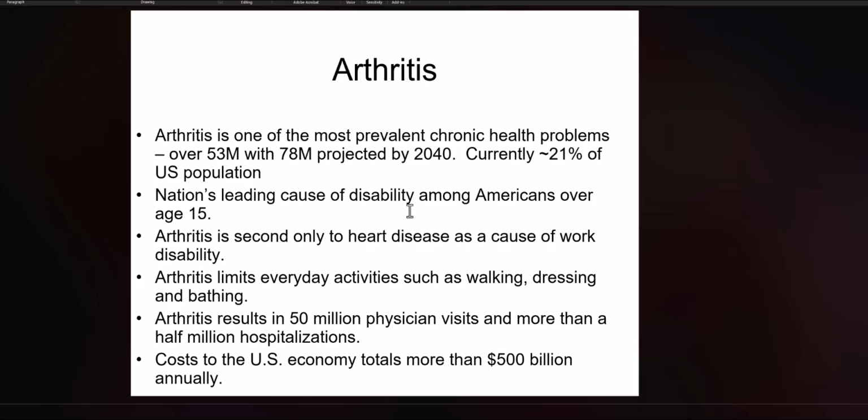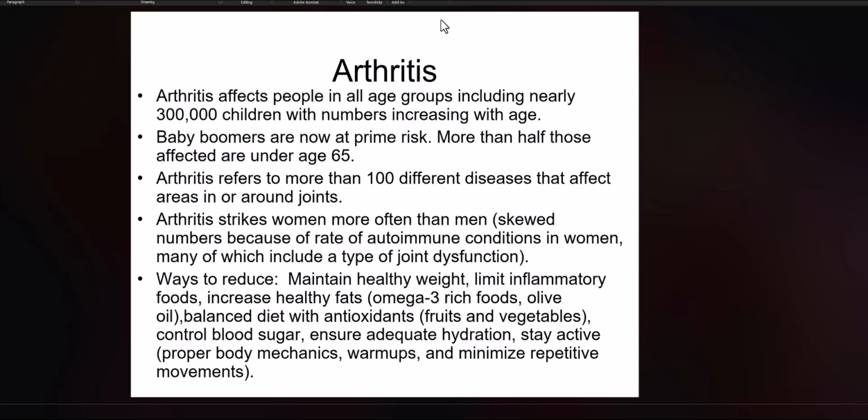It is a leading cause of disability for people of all ages and is second only to heart disease as a cause for work disability. It affects everyday life activities, causes millions of visits every year, lots of hospitalizations, and has a huge impact on the US economy when we think about the loss of work and income.